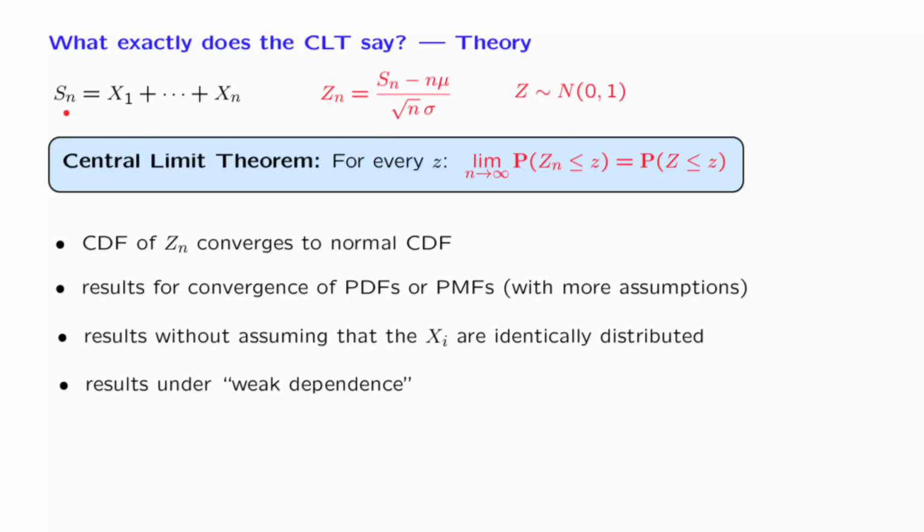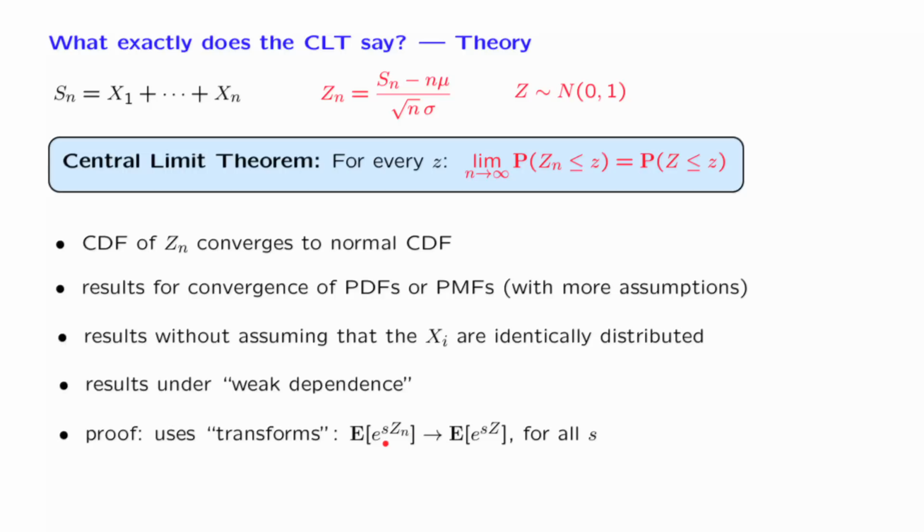For the general case, the proof is obtained using so-called transform methods, which is a topic that we are not covering, but it goes as follows. We consider this function of the random variable Zn, where S is some parameter, and we show that this expectation converges to the corresponding expectation if you have the standard normal Z in the place of Zn.